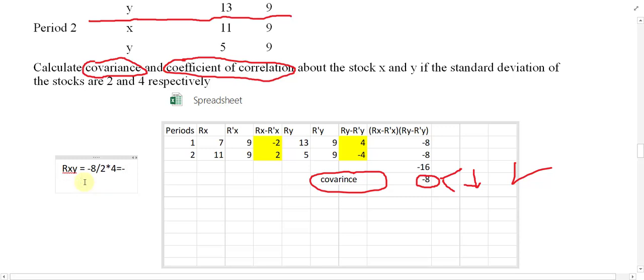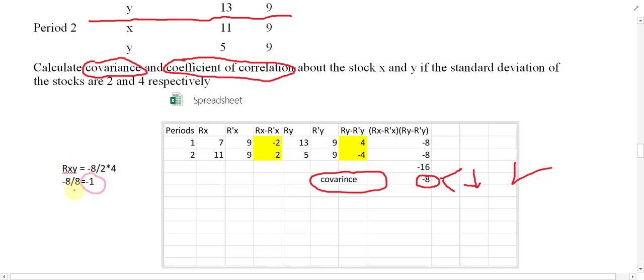Let me do it once again. Minus 8 divided by 8, since 2 into 4 becomes 8. Now press the equal sign, you get the result. The result is equal to minus 1.